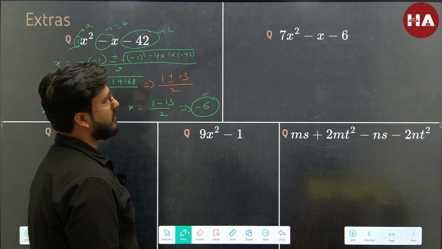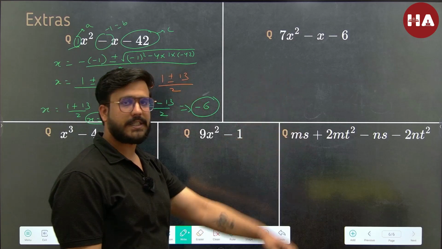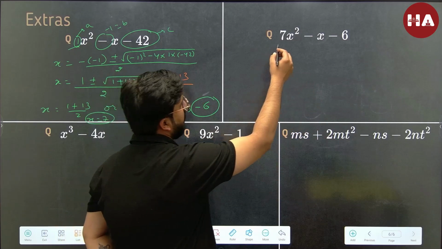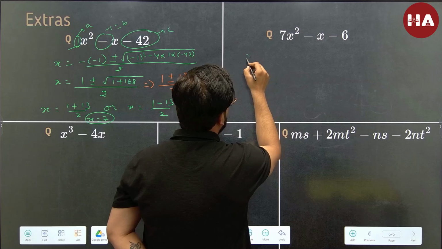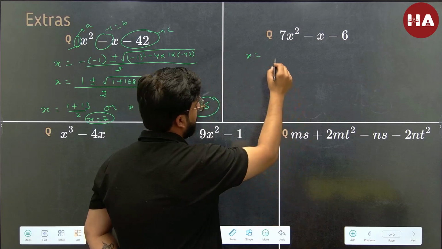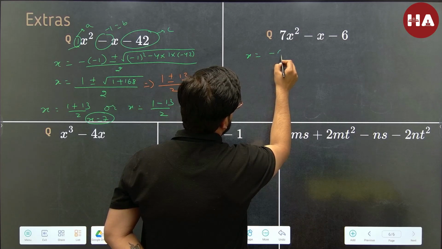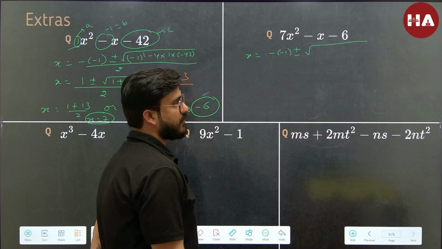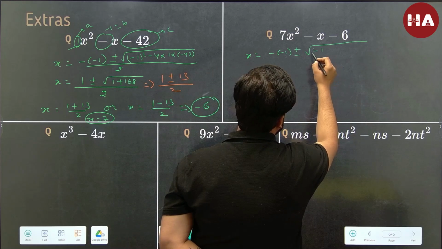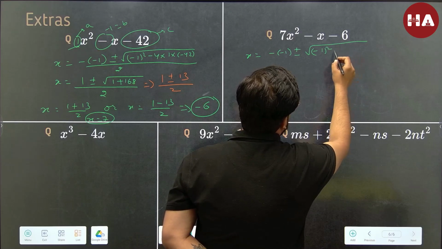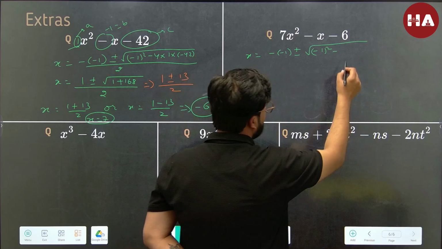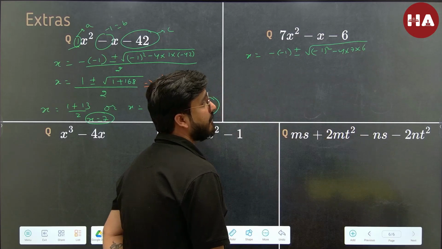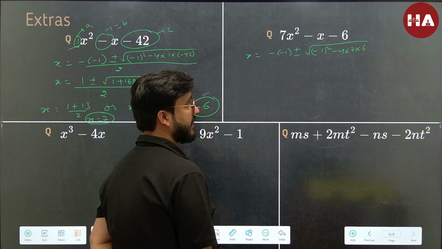You can similarly pause the video and solve this question for your understanding. Okay, let's solve. So x equals minus b, that is negative of negative 1, plus minus root of b square. b square is what? Similarly, it is negative of 1 square minus 4 into 7 into 6, and I have not taken 6 as the negative sign.